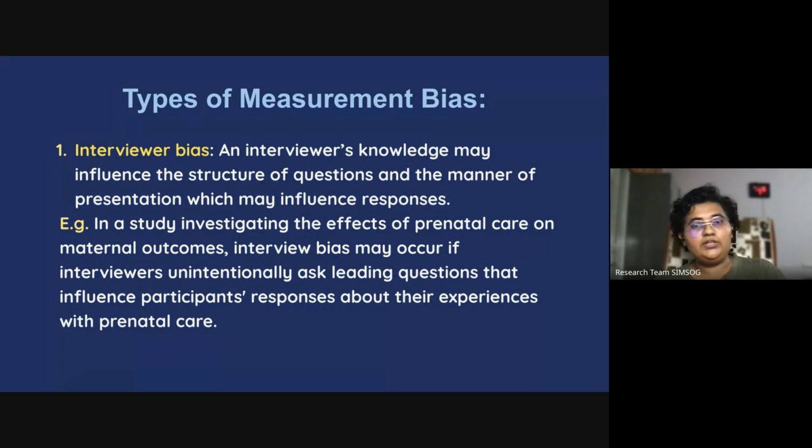So if I am the interviewer and I want to see the association between factor A and disease B, and in my mind I want there to be an association, unconsciously or unintentionally I can ask leading questions that can in turn cause the participant to give such answers that will show that there is a higher association between factor A and disease B than there actually is. That is what interviewer bias is.